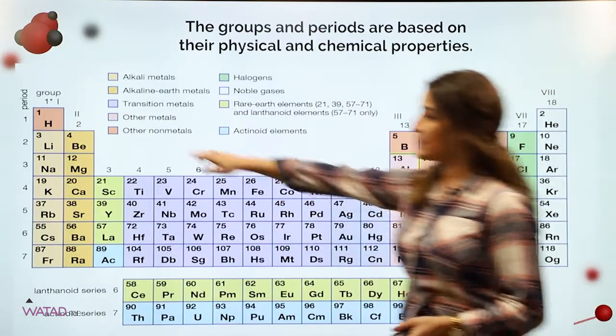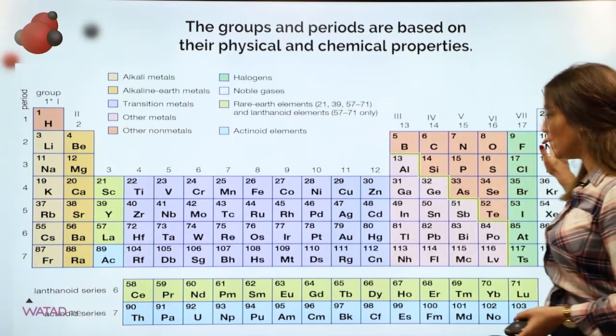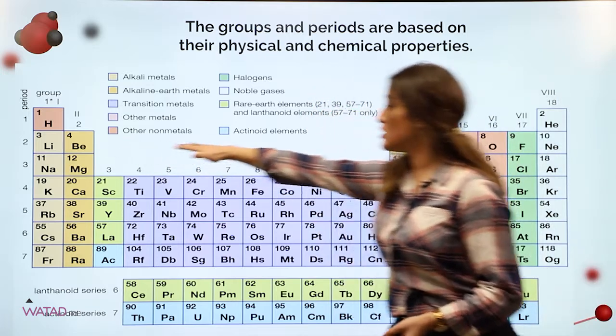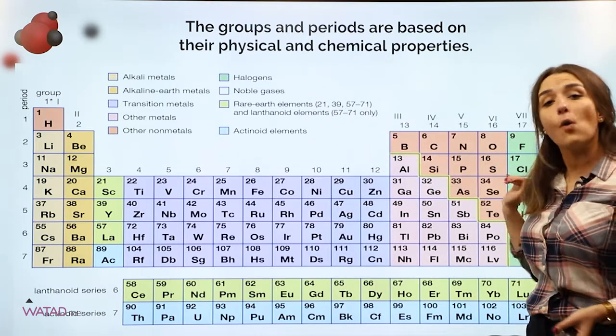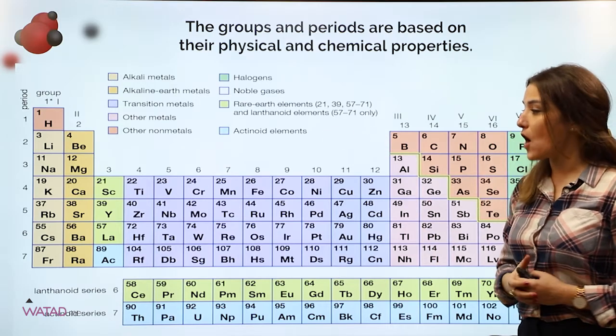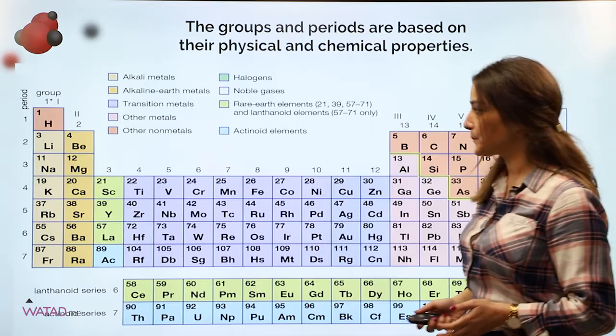As you see here, here is the hydrogen with 1 proton. Here is the helium with 2 protons, lithium, beryllium, and in this increasing order of the proton numbers, the elements are arranged and organized in the periodic table.